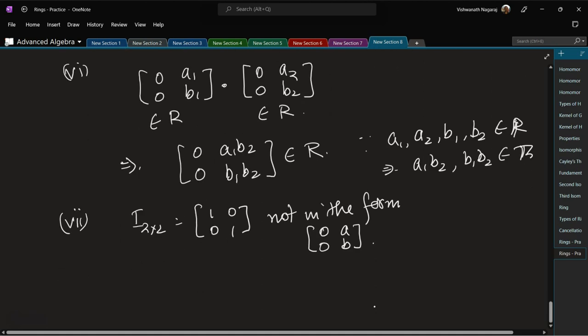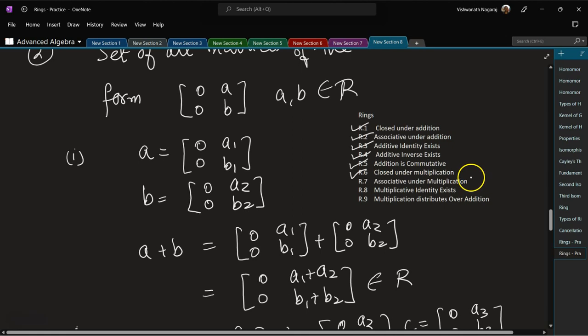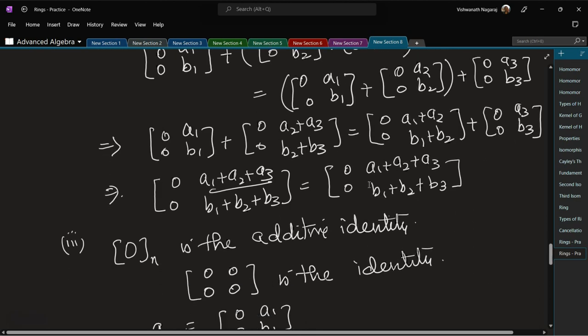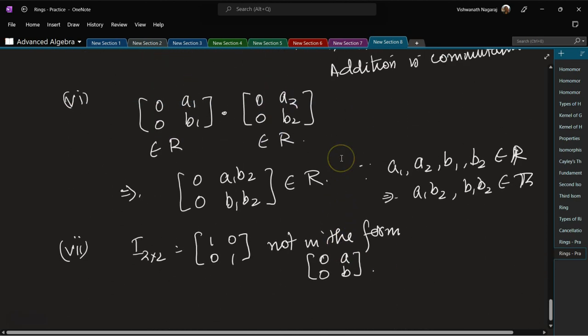So multiplicative identity does not exist. See, this is why you require this type of a checklist, because I missed out associative under multiplication. So let's take up that.